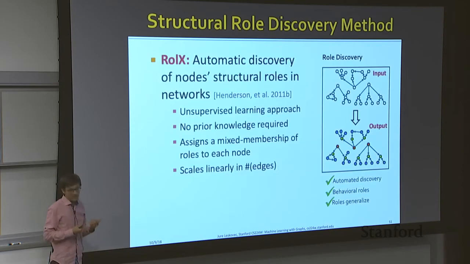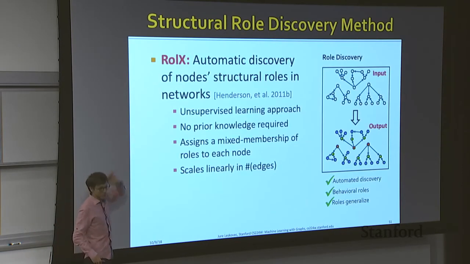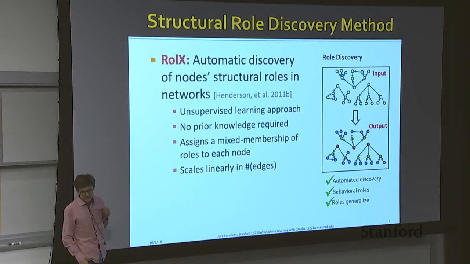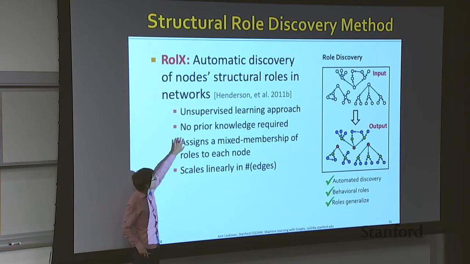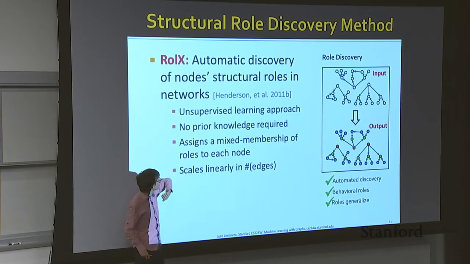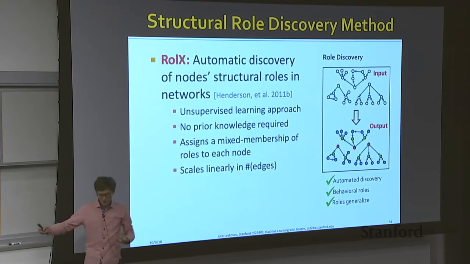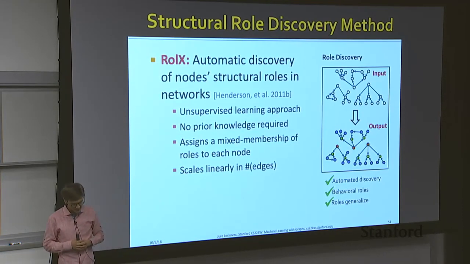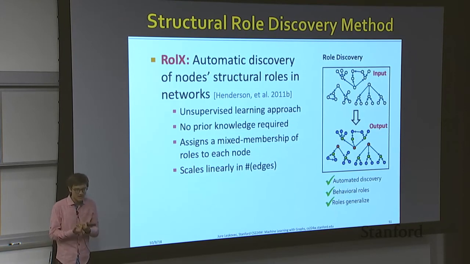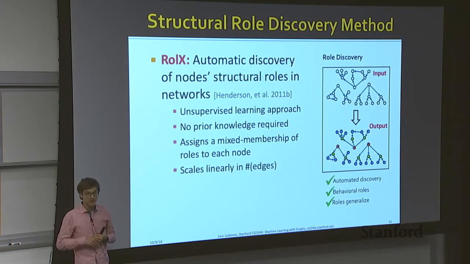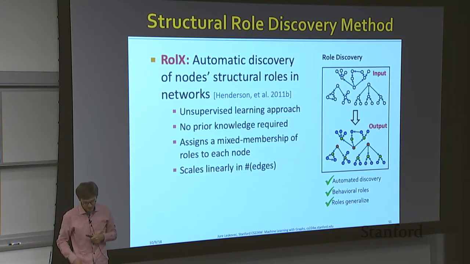But the method I'll talk about is called RoleX, which is automatic discovery of node structural roles in networks. This will be an unsupervised approach where no prior knowledge is needed. It will assign a node to a mixture of roles, and it will discover both the roles as well as the membership of the nodes to those roles, right?